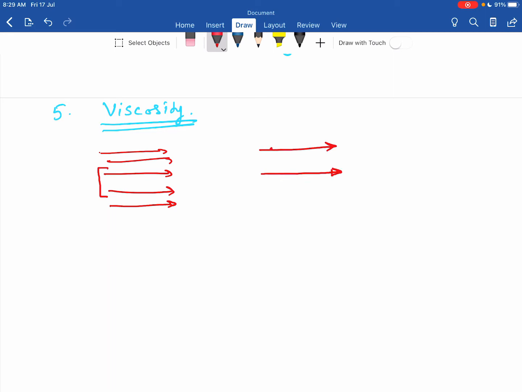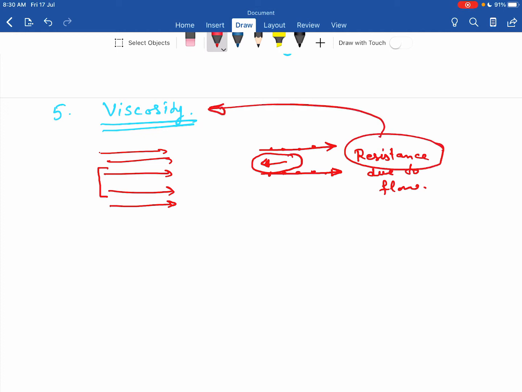In this layer we have molecules of liquid, and this layer also has molecules of liquid. When this liquid is under flowing condition, what happens? The molecules of the lower layer try to push back the molecules of the upper layer. So you can say there is existence of resistance due to flow, and the measure of that resistance we can term as viscosity.